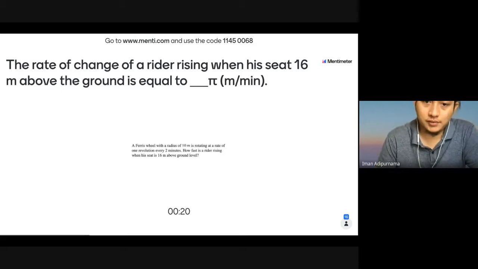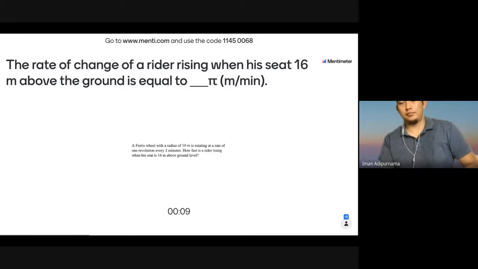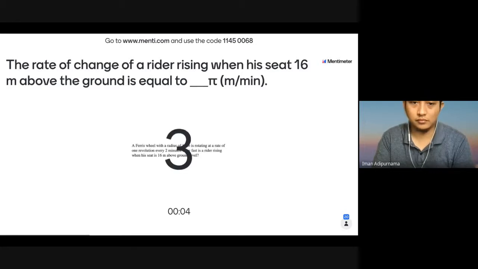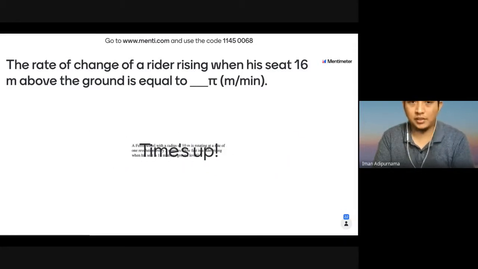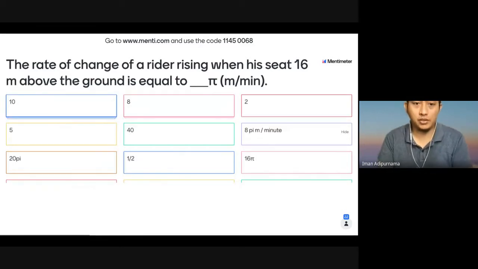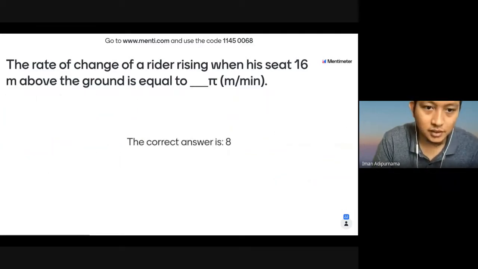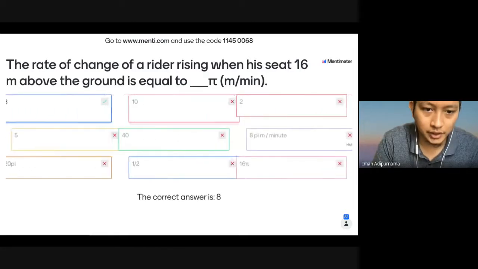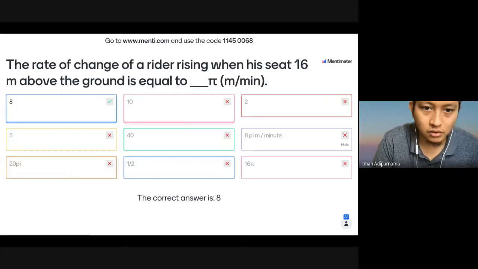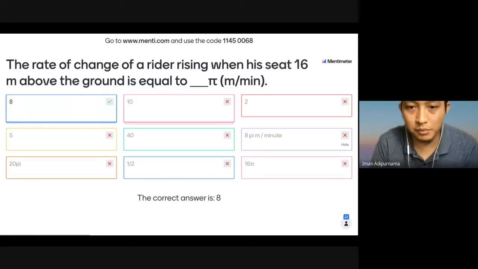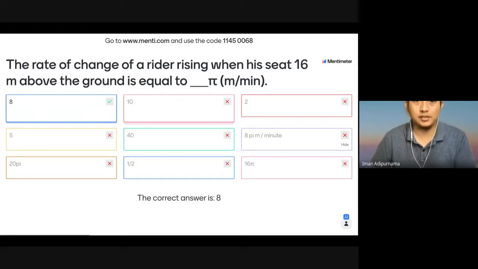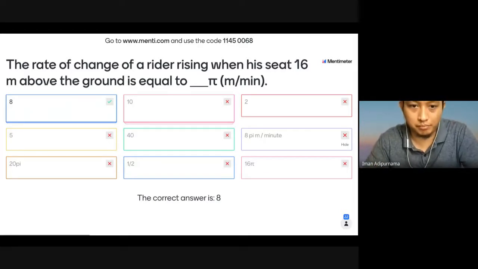Around 20. Okay, a random answer. Time's up. I hope you get the correct answer. Oh, good. Yes, it's 8 or 8 pi. Oh, you wrote meters per minute. It should be just 8 or 8 pi if you like.